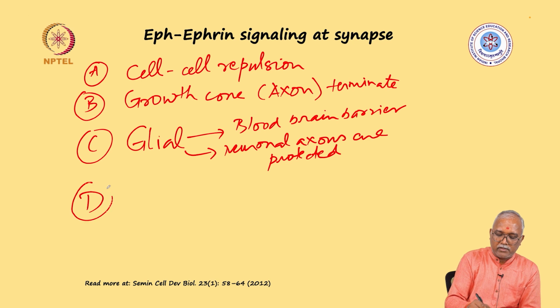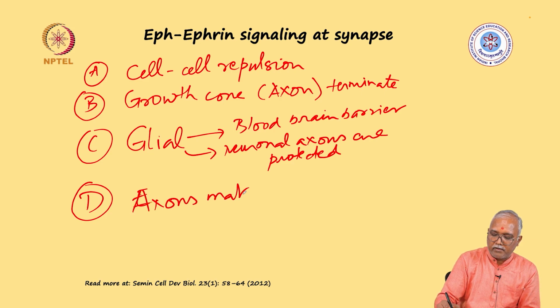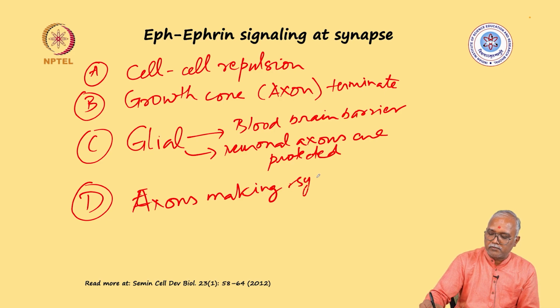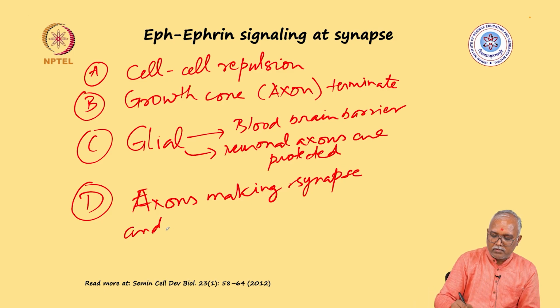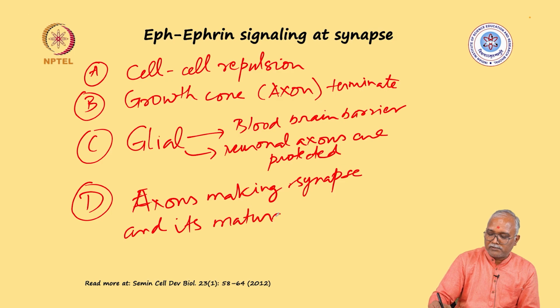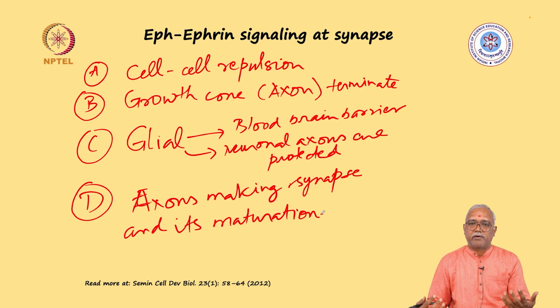The final thing is when we talk about the axons making synapse and its maturation. Because neurons are plastic, synapses are also very plastic.